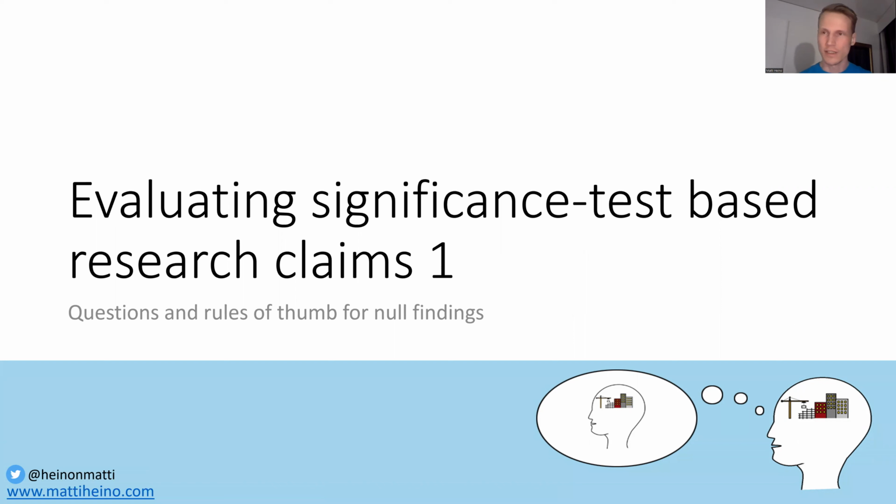A null finding is something where you have a p-value of over 0.05 normally. Basically, it's a research paper that says that something was not found. They sometimes say that something doesn't exist, or we found evidence that this thing doesn't work, but that's normally bogus.